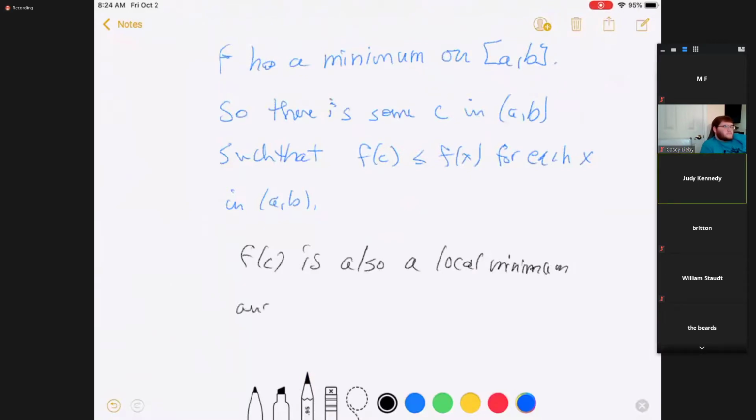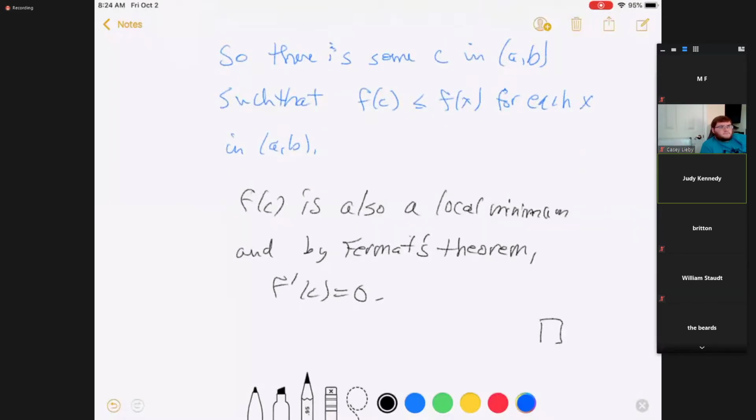And by Fermat's theorem, again, since f prime of C does exist, f prime of C is equal to 0. Okay, so that proves it. And there are only three cases possible. Either f of x is constant on the interval, or it's bigger than f of A someplace, or it's less than f of A someplace.